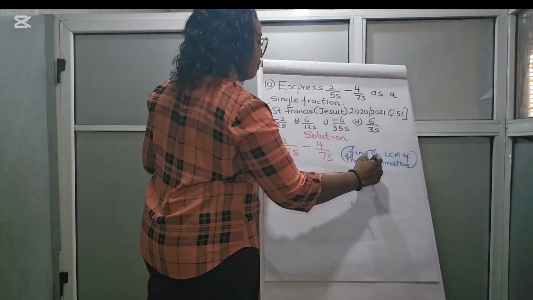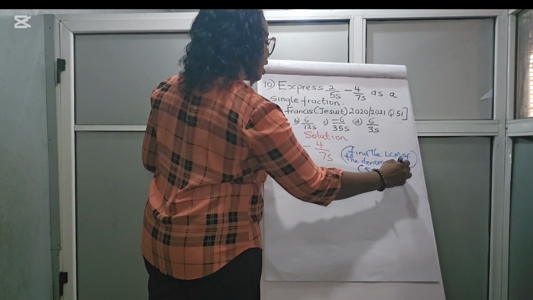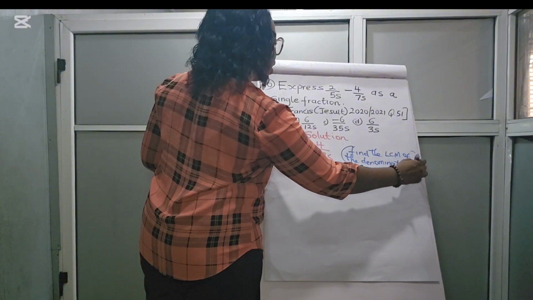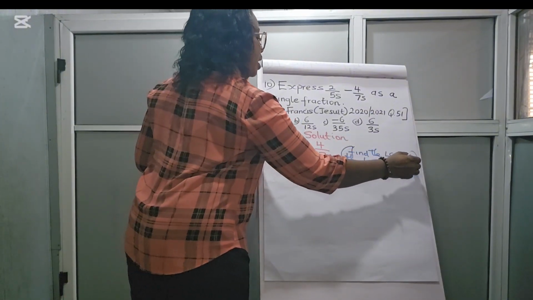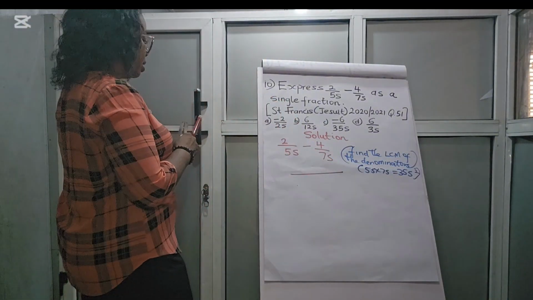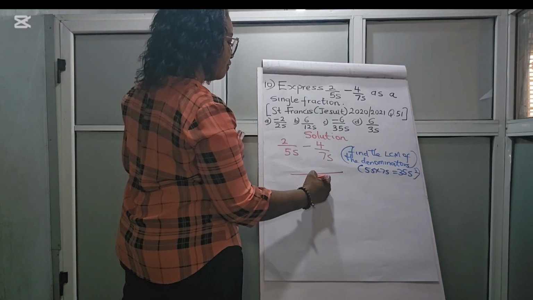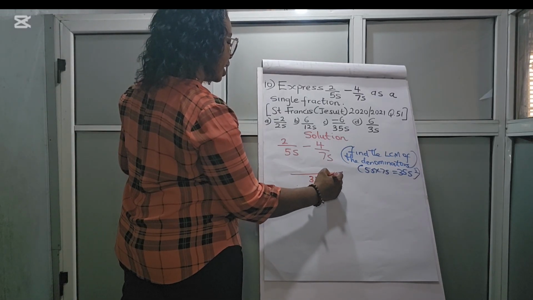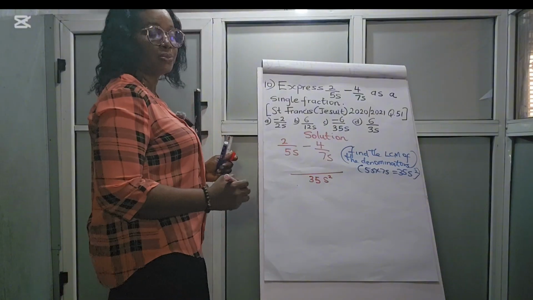That's 5s times 7s, and we're having 35s squared. So the LCM here will be 35s raised to the power 2.